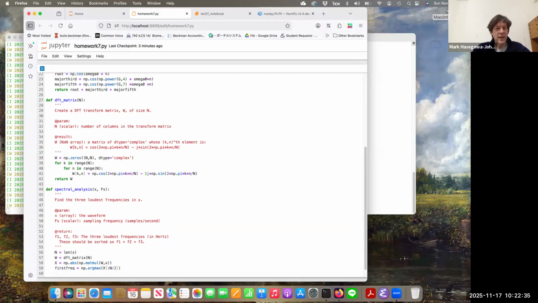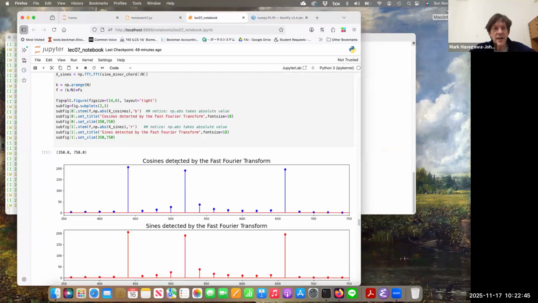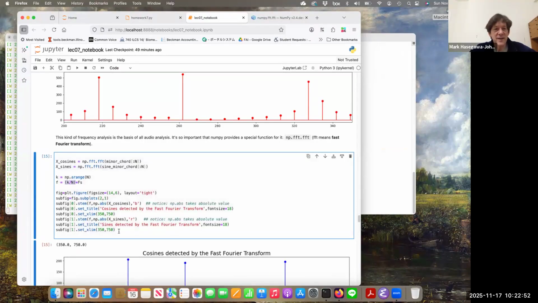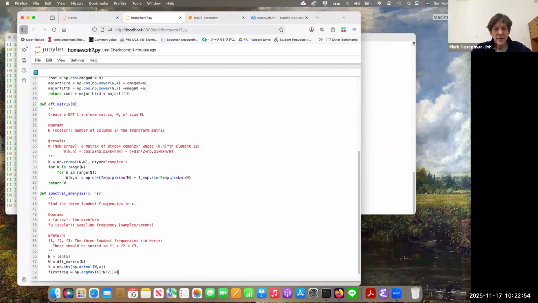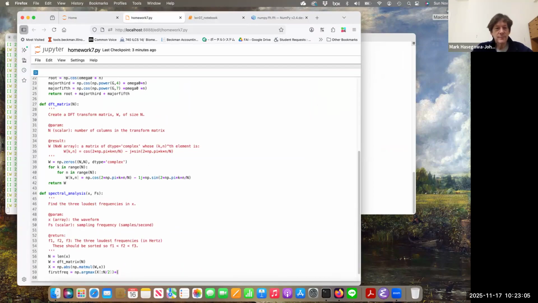So I want to take that argmax and multiply it by what I had to multiply to get back to sampling frequency. I had to multiply by little k over capital N times Fs. So argmax is little k times Fs over capital N. There we go.